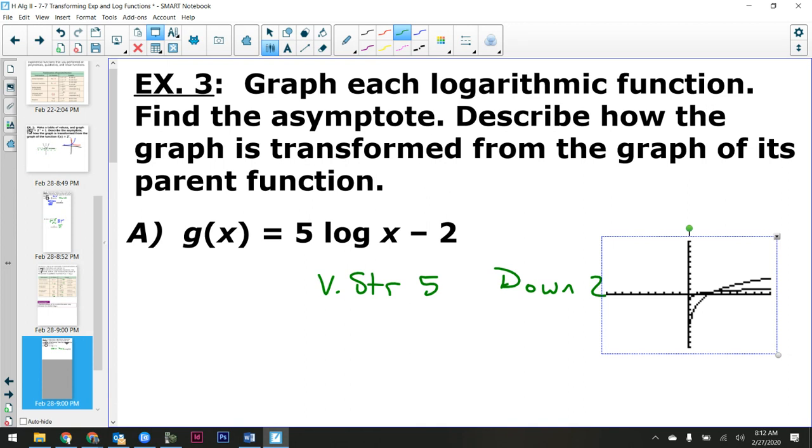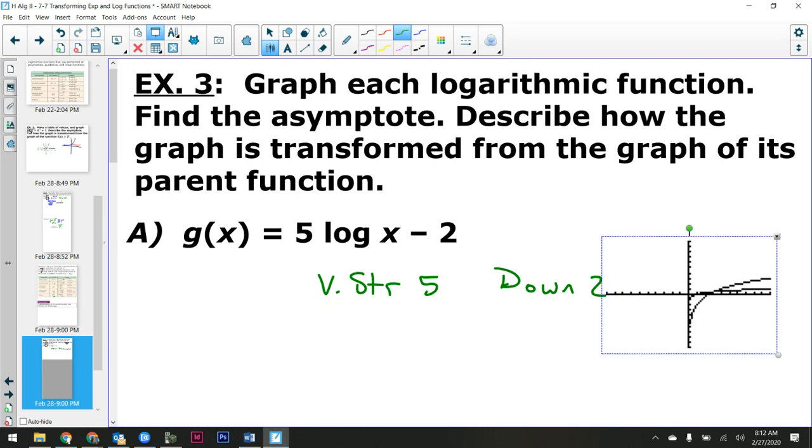Now we talked about it a second ago, but what was my asymptote? X equals 0. What's my new asymptote? X equals 0. Did I change it at all? No. You know what people always think? That it's somewhere up here. It's not.